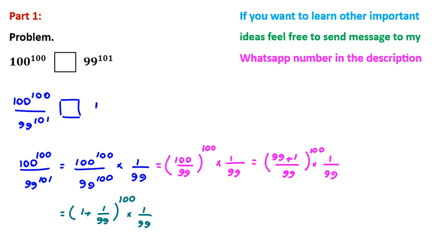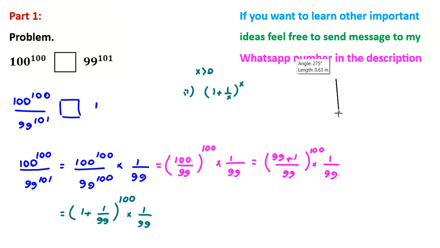Now, let's consider this one as idea 1. If you have 1 plus 1 over x to the power of x, suppose x is positive.